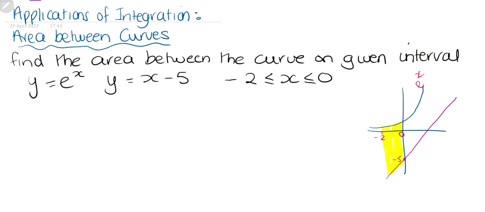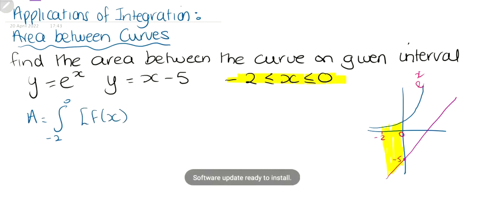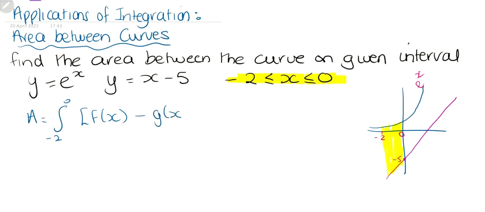So what do we know? Well, the area is going to be on an interval. Our interval that we're given in the question is from -2 to 0. And we know that the function is going to be our f(x), which is our upper function minus our lower function, and then we need to integrate.